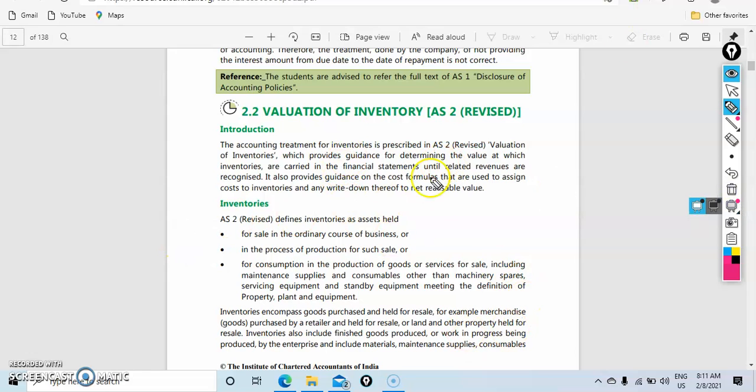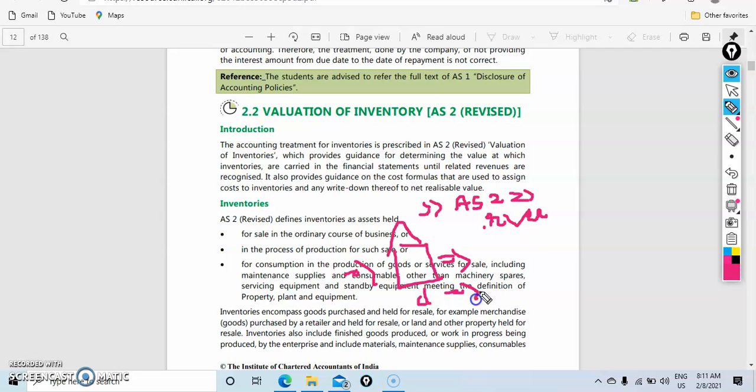For a clear-cut view, AS2 first asks whether it is in the ordinary course of the business or not. To identify something as inventory, you first have to see it from the business point of view. For example, for a cloth manufacturer, cloth is the inventory, because it is sold in the ordinary course of the business.